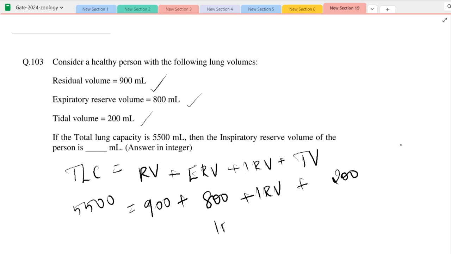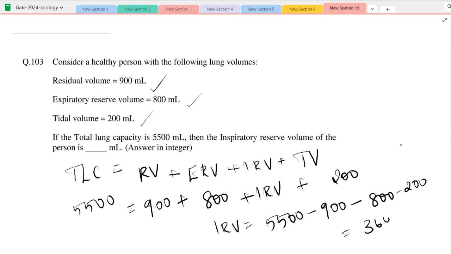So for this IRV, you subtract 900, 800 and 200 from 5,500, and you get the answer to be 3,600. This is basic biology. I think this was also covered in the 11th standard biology textbook of CBSE. This is the basic formula to calculate inspiratory reserve volume if all the other lung volumes are given. So the correct answer here is 3,600 ml.